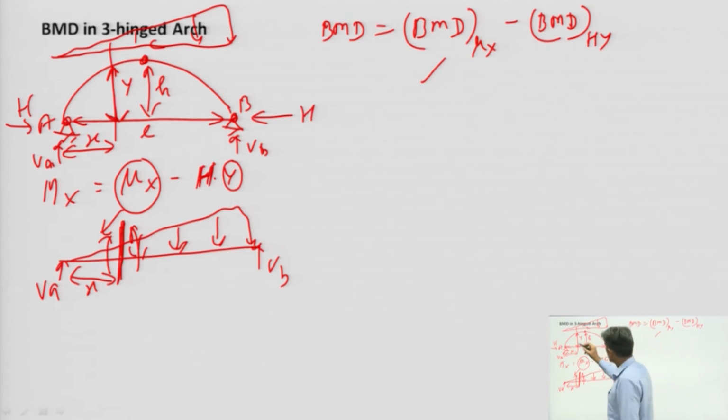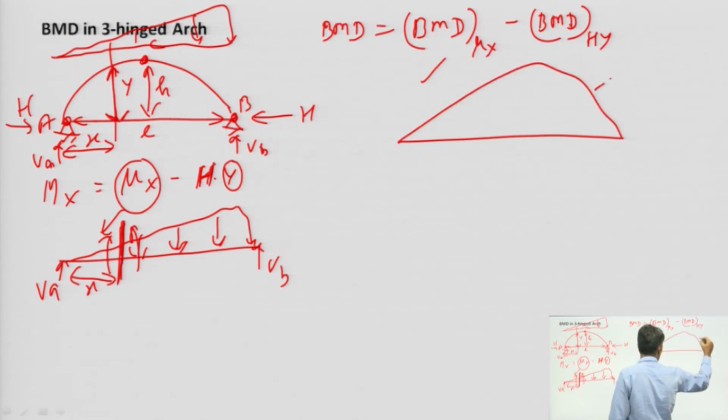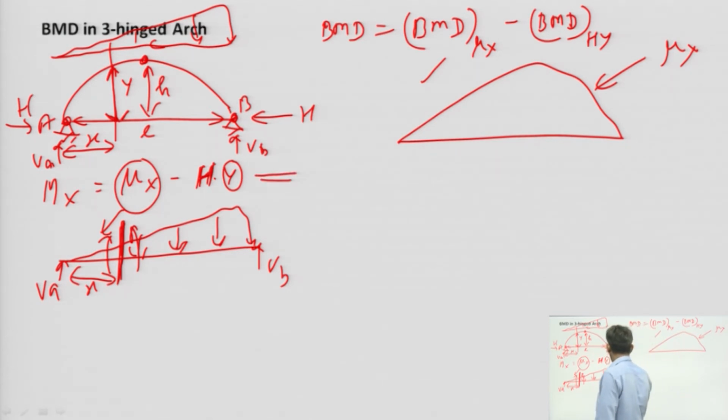Suppose this is the shape of mu x, for example, and h into y. At the crown point C, we know that the bending moment here is 0, the bending moment here is MC, and here the bending moment is 0. What does it mean?